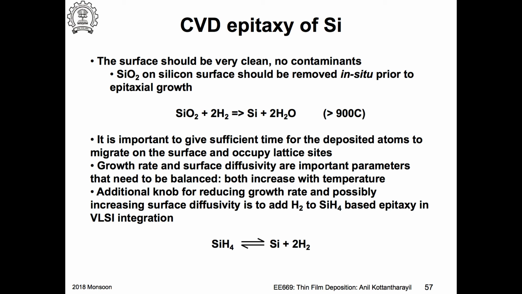So the hydrogen etching the silicon dioxide will form water, and this needs temperatures above 900 degrees centigrade. The silicon dioxide is extremely thin, and it's 100% hydrogen, so trace amounts of water vapor will form, and that is taken out by your gas stream.